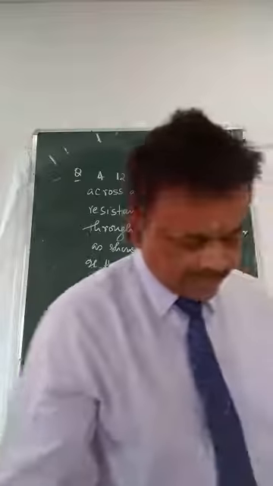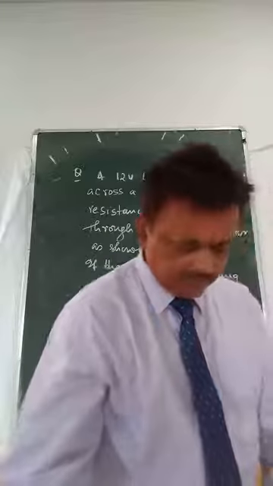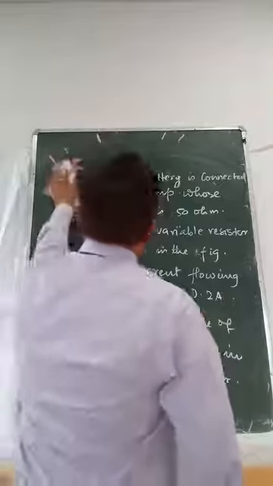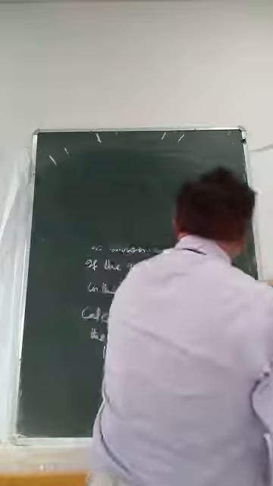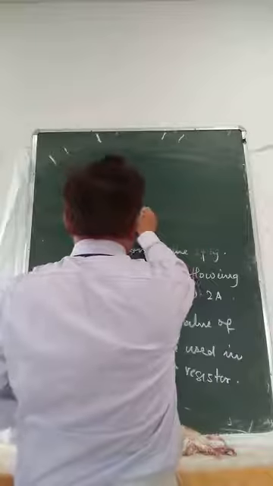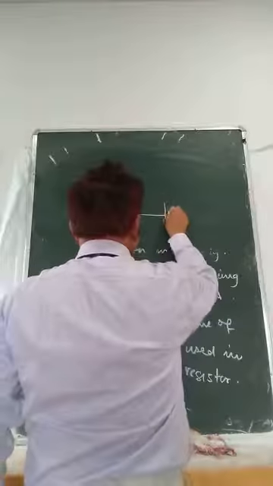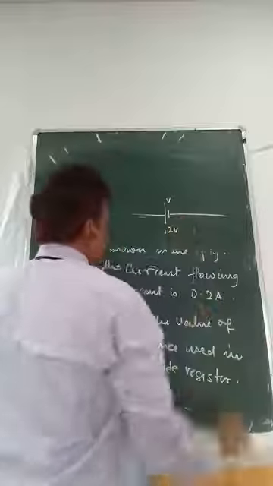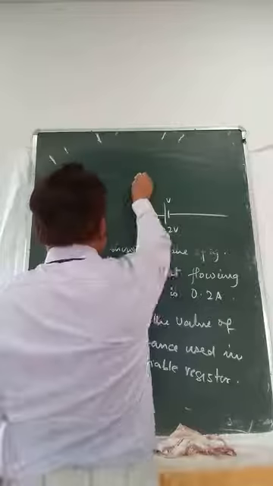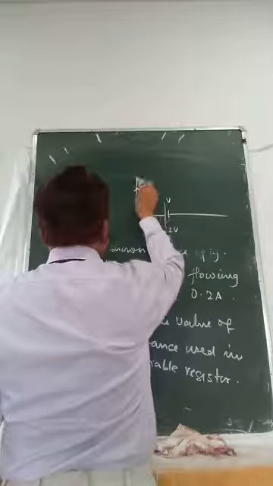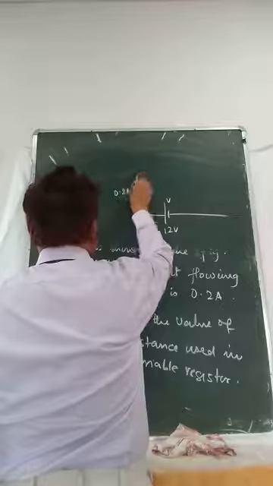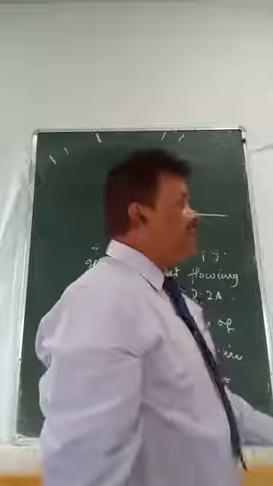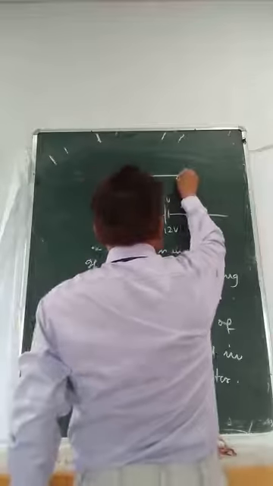I'll draw the diagram here. It is like this. This is the battery, 12 volt is given. The current flowing is I, that is 0.2 ampere. Then here is a variable resistance box, where a resistor is used.